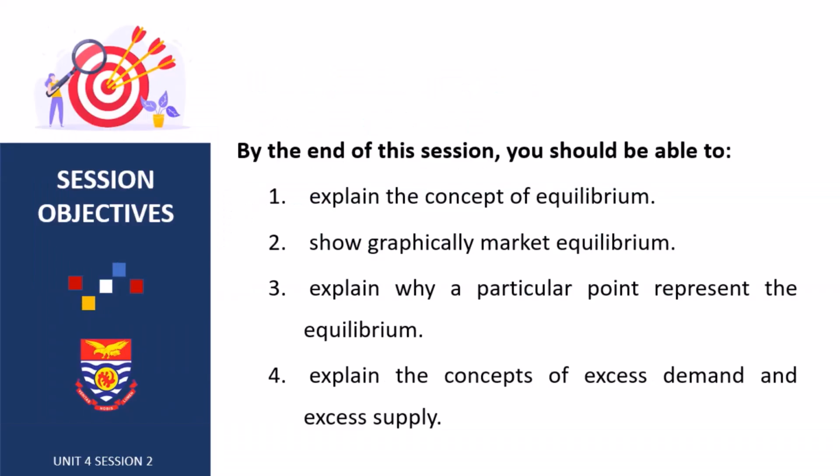By the end of the session, you should be able to explain the concept of equilibrium, show graphically market equilibrium, explain why a particular point represents the market equilibrium, and explain the concepts of excess demand and excess supply. That is the objective for this session.